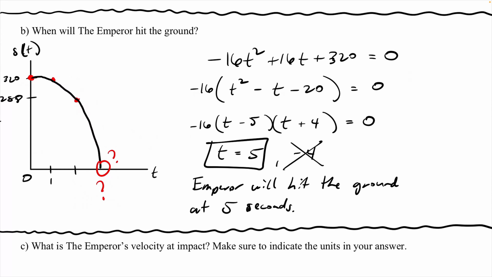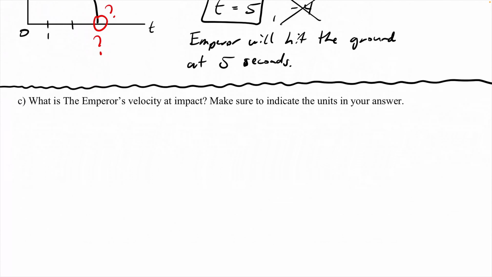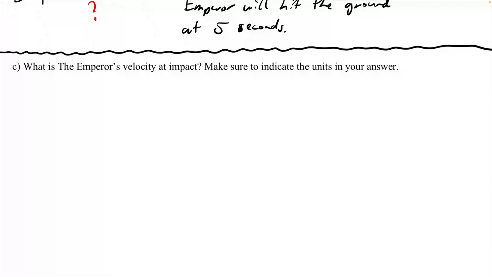All right. Letter C. What is the emperor's velocity at impact? Well, when does impact happen? At 5 seconds. So t equals 5. How do we figure out what his velocity was?